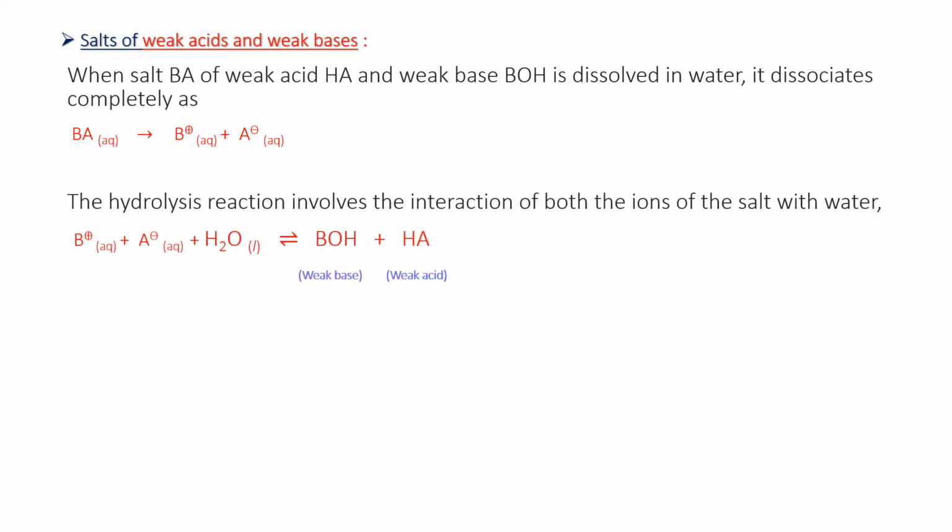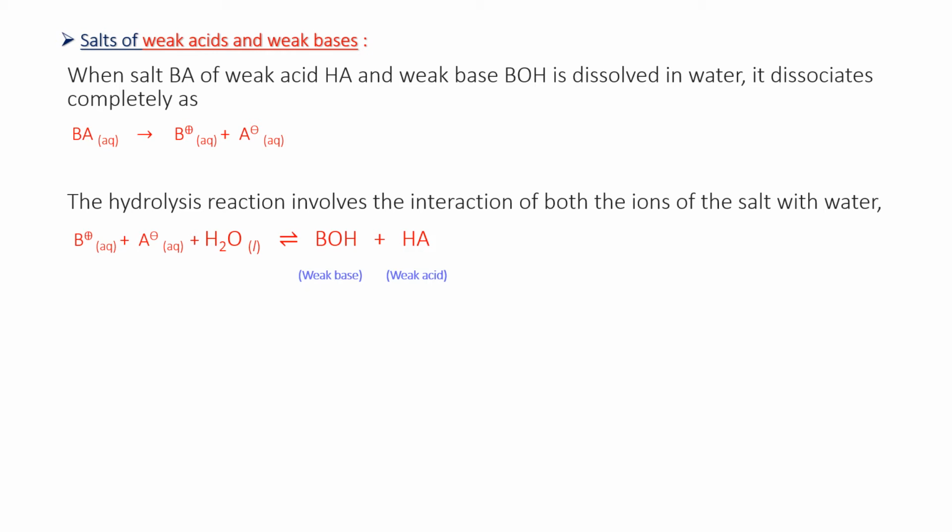Now in this case, the hydrolysis reaction involves the interaction of both the ions of the salt with the water, so B plus and A minus both react with the H2O. So now what is your product? In this case we get BOH and HA.